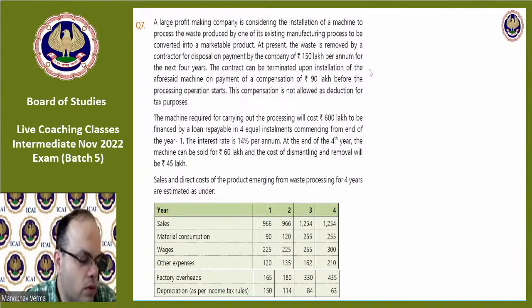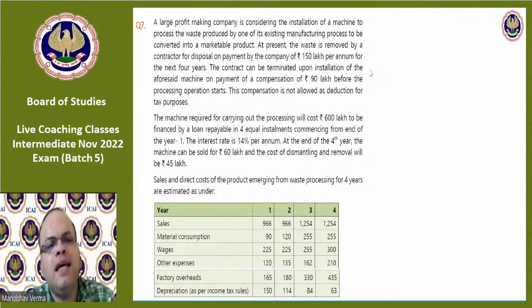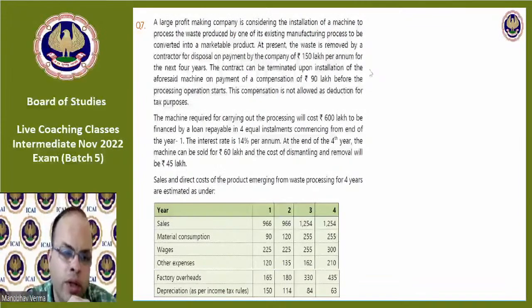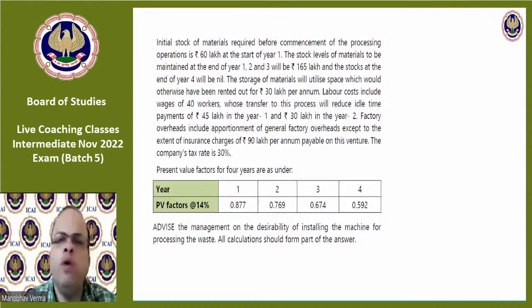Now, they're giving you the details of the sales and direct cost of the product emerging from the waste processing for 4 years. And not only that, they are giving you some information with respect to the initial stock, the stock levels to be maintained after that.